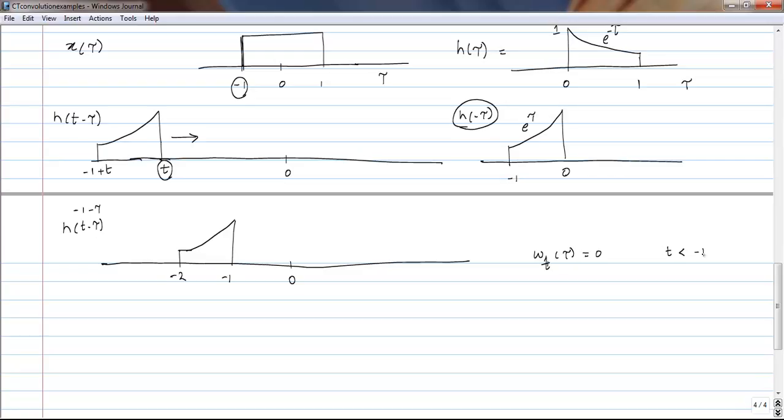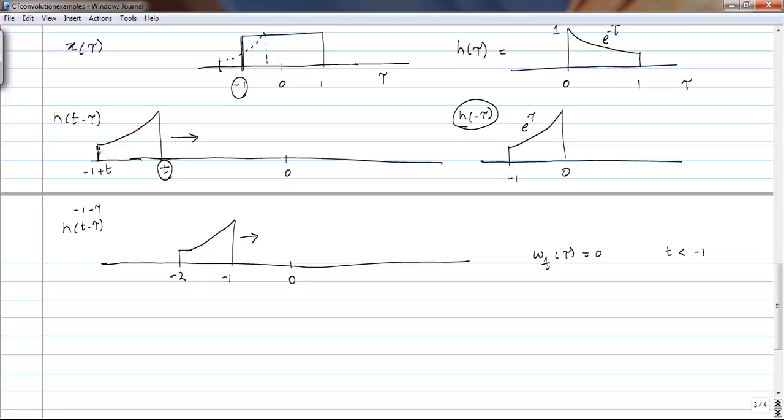Notice what's going to happen is this. As you shift this thing to the right, see how this overlaps with x of tau. So it's going to look like this, until this point coincides with minus 1. And notice this point is actually minus 1 plus t.